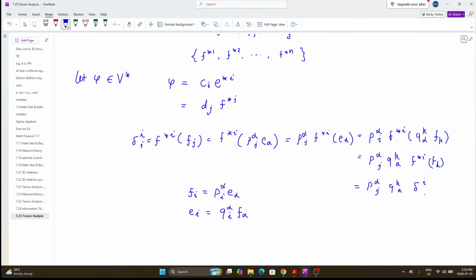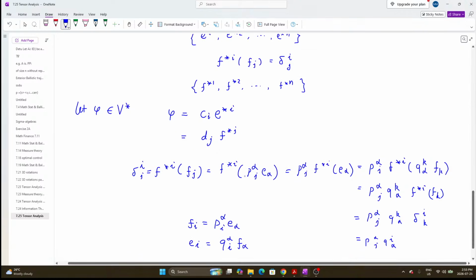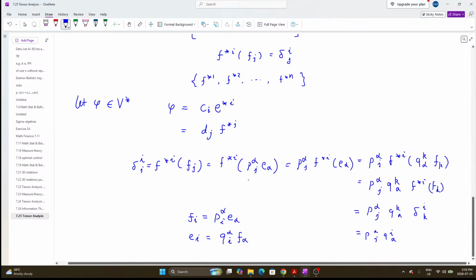Let's just finish writing this. Now because of the Kronecker delta, you swap all the k's to i. So you get p alpha j q i alpha, which is already something that we have earlier. Oh, so this is not a particularly enlightening derivation.